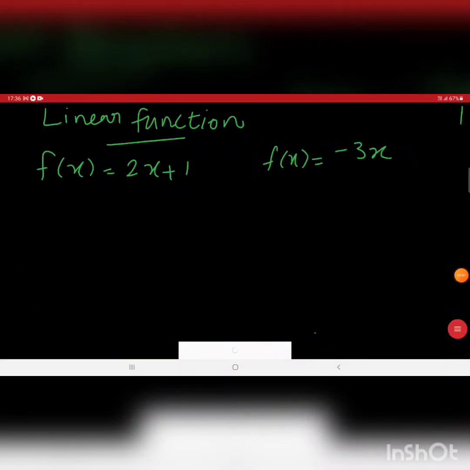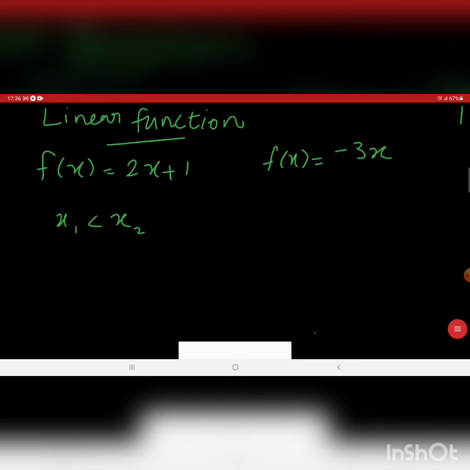Last class we discussed increasing function, decreasing function. For a linear function, how can we check whether the function is increasing or strictly increasing, decreasing or strictly decreasing? Linear function. Let us take f of x equal to 2x plus 1. Let us take x1 less than x2.